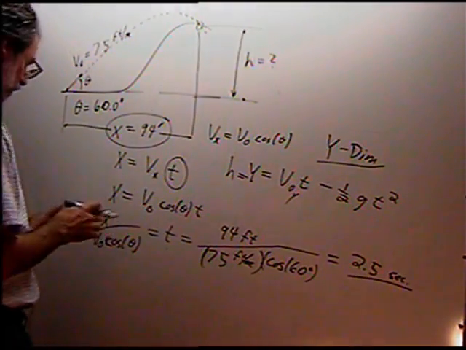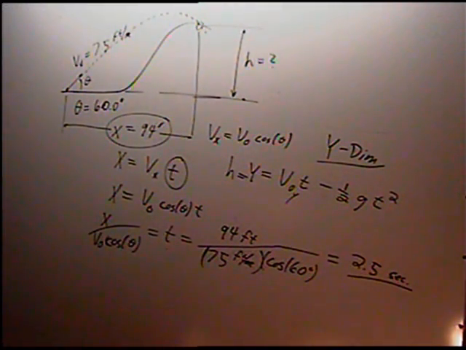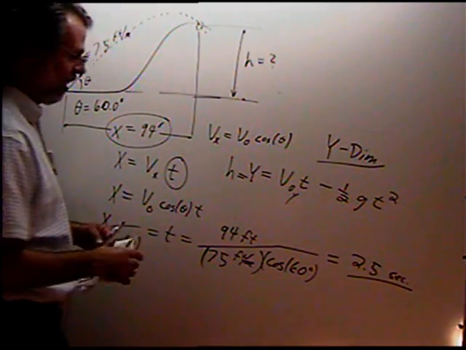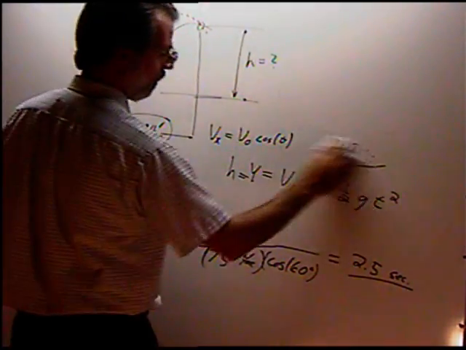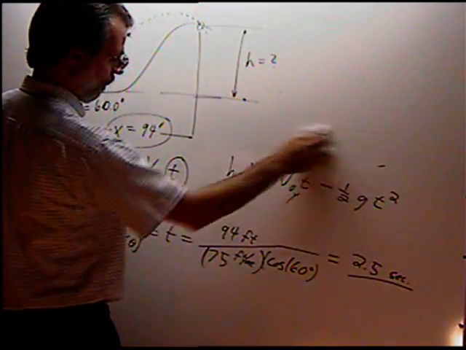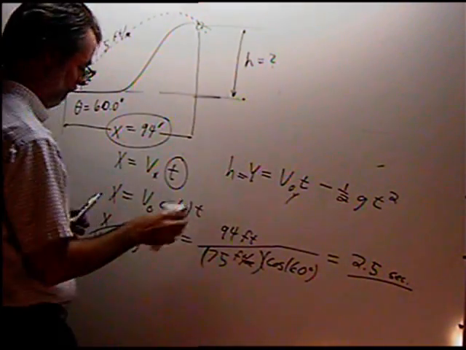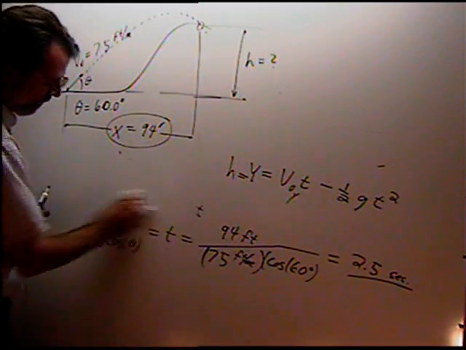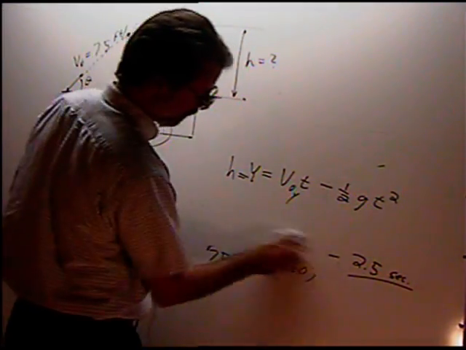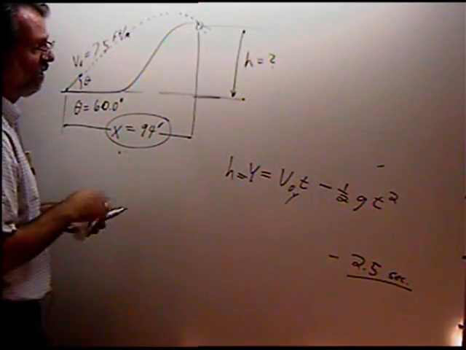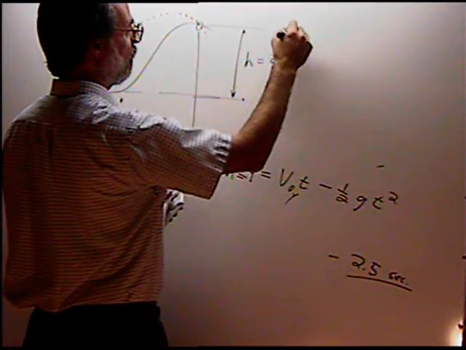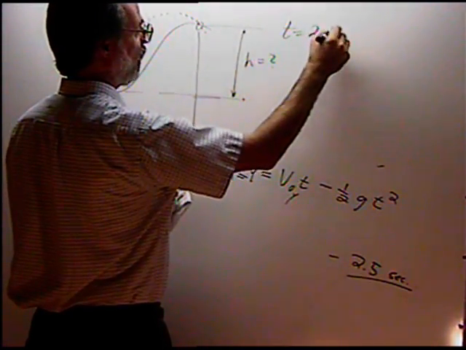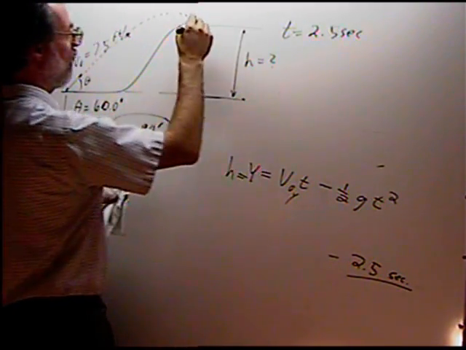Okay, so it's 2.5 seconds. So that's how we solve for time. We can now take this, the 2.5 seconds here. So t is 2.5 seconds until it hits this.